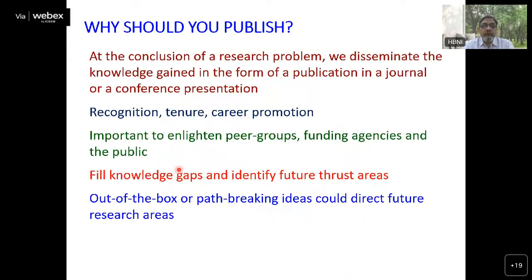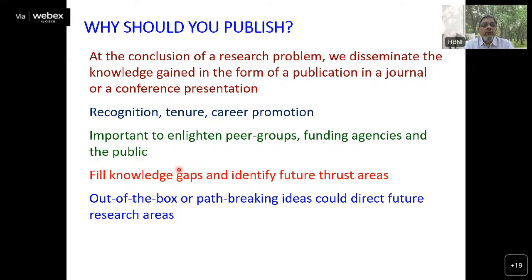As soon as you finish your research problem, you would like to disseminate the knowledge which you have gained. This dissemination can happen in the form of a publication in a journal, a conference presentation, or a closed meeting in front of certain peer groups.